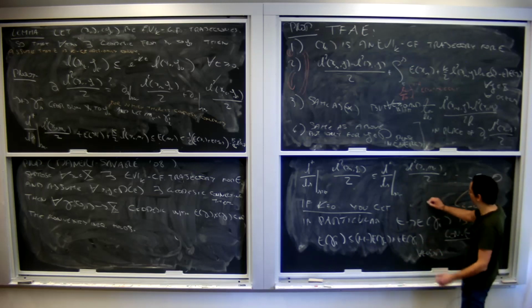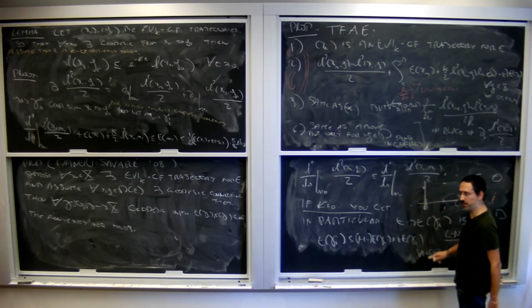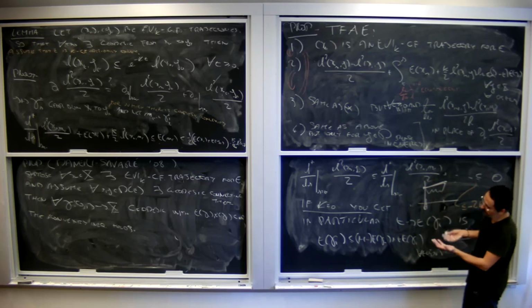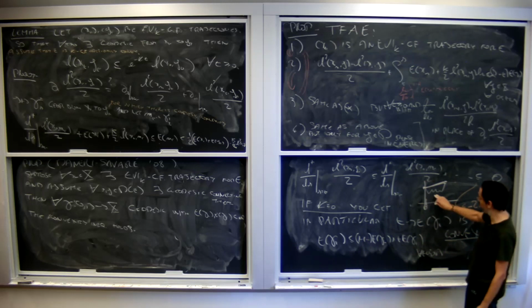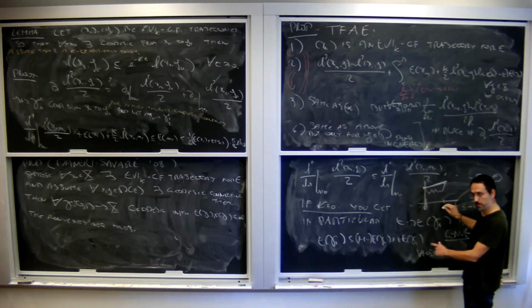This is 0, this is 1, and I'm drawing the graph of an energy satisfying this assumption. This inequality is just telling that the graph of the energy is below this line. For technical reasons, typically related to the stability of this property, one just requires this. And you can say, well, it's not convex along these points.